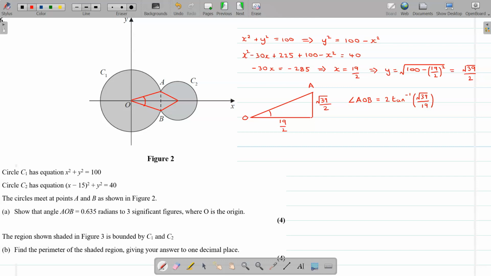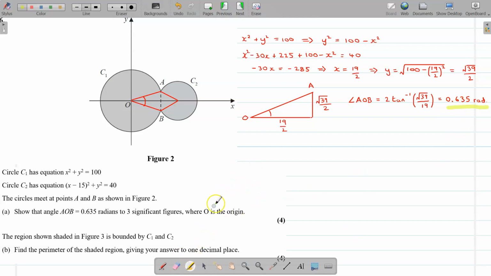And that comes to 0.635 radians, and that was what we had to prove or show. Okay, so that's the first part of the question done.